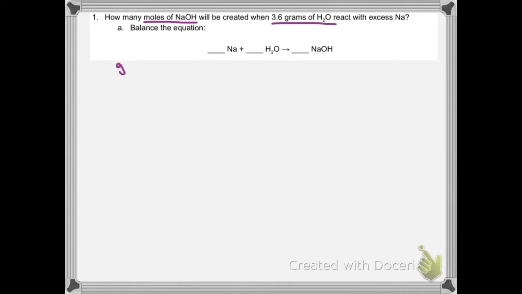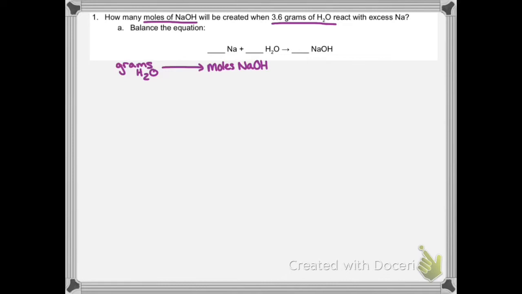So what we need to do is set up our arrow. We're going to go from grams of water to moles of sodium hydroxide. Is there a molar mass or a mole ratio that tells us how to go from grams of water to moles of sodium hydroxide? No, there is not, because they are two different compounds.